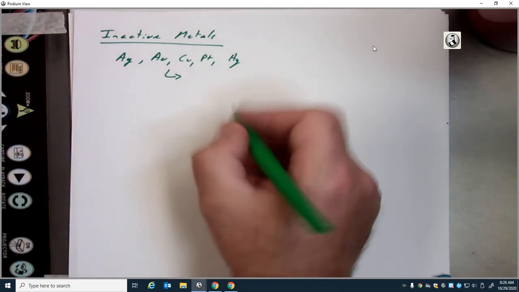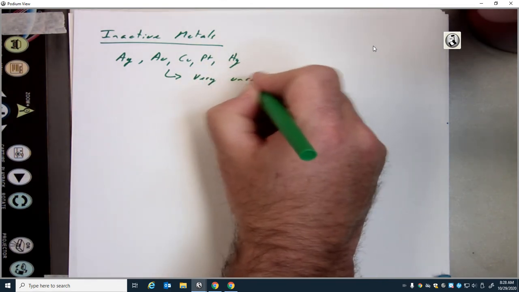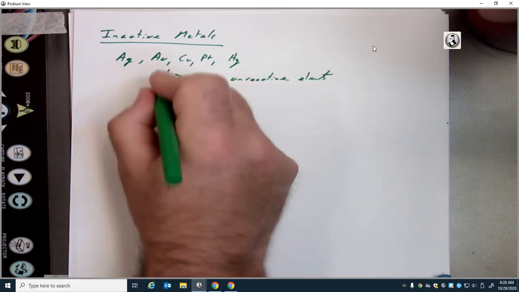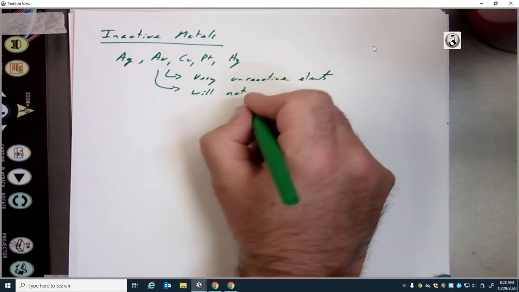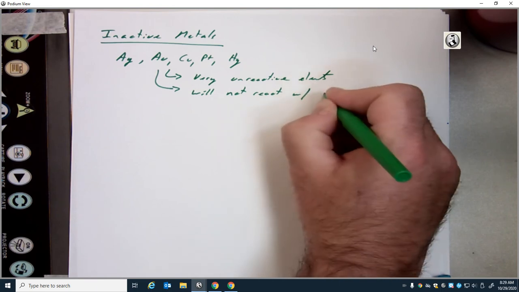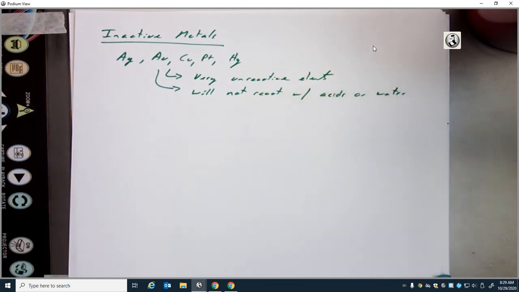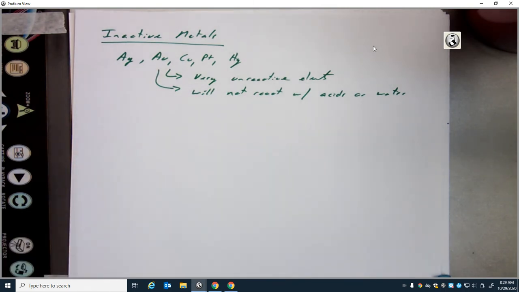So these are very unreactive elements. They will not react with acids or water. So they're very unreactive. Okay, they're not going to react with anything.